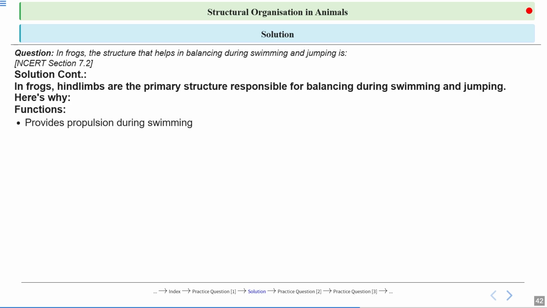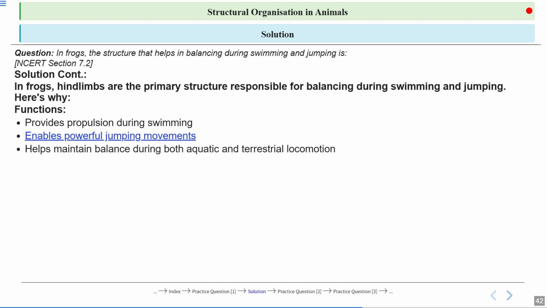So it makes their body at the surface only. Propulsion at the time of swimming due to this strong leg. Enable powerful jumping movements. Helps maintain balance during both aquatic and terrestrial locomotion. So this hind limb is helping to make a balance between the aquatic environment as well as the terrestrial environment. Act as a stabilizer during landing.